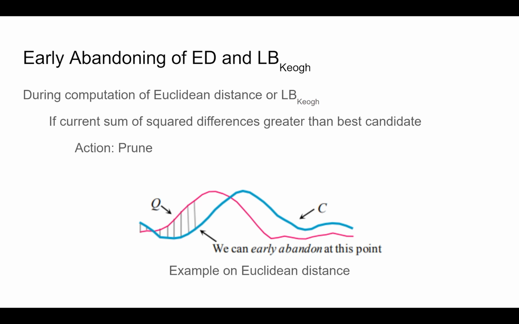You can see an example of this of the candidate C and the query Q. As we are computing the distance, we can early abandon at this point, as the distance produced here is already greater than the distance produced by the best candidate.